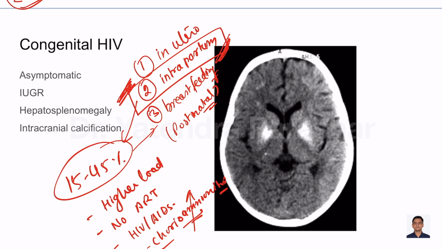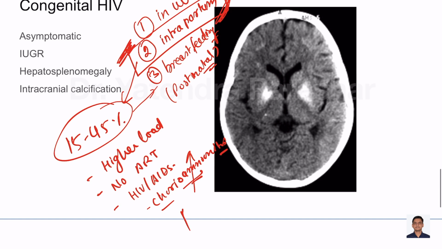Other risk factors are premature rupture of membranes and breastfeeding if the mother is not taking ART, and if delivery is done by the vaginal route.